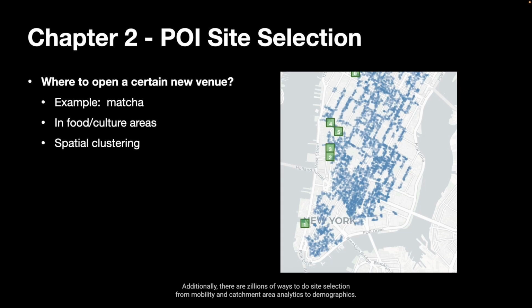Additionally, there are zillions of ways to do site selection, from mobility and catchment area analytics to demographics. Here we are doing a bit more novel and off-the-beaten-path solution, where we are going to be using 2 different types of complementary clustering techniques, giving a unique machine learning edge to this chapter.